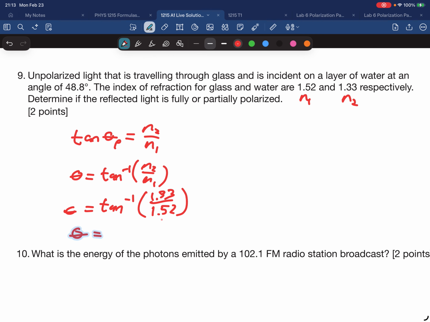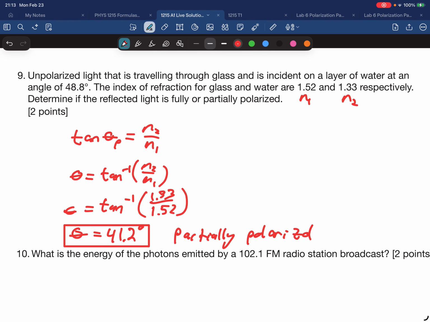Plugging this all into a calculator now, we get about 41.2 degrees. So this is only partially polarized. Partially polarized, not fully.